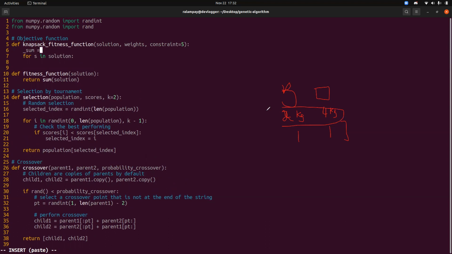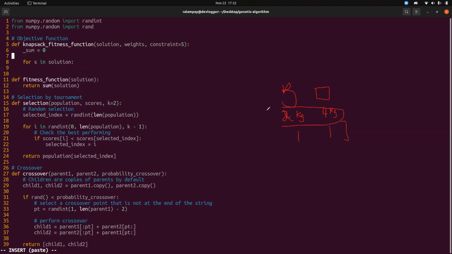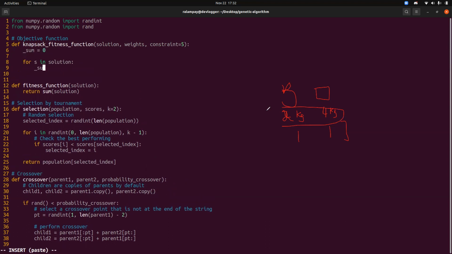Sum plus equals the solution, which is either a 1 or the gene, plus equals gene times the weights at that particular index.